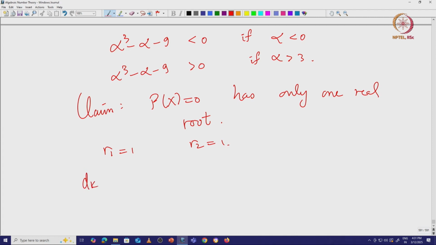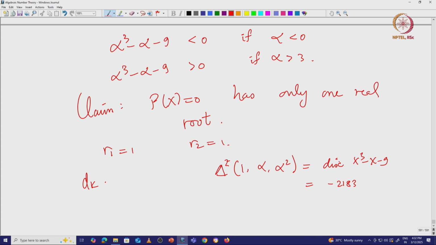And so, what is the discriminant of this? If you look at delta squared of 1, alpha, alpha squared, this turns out to be the discriminant of this polynomial x cubed minus x minus 9, which turns out to be minus 2183 if you do the computations, right.